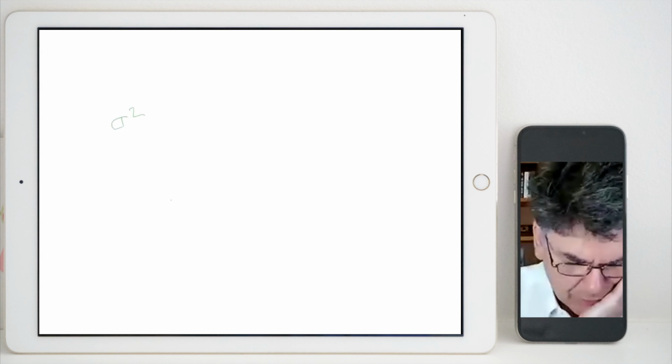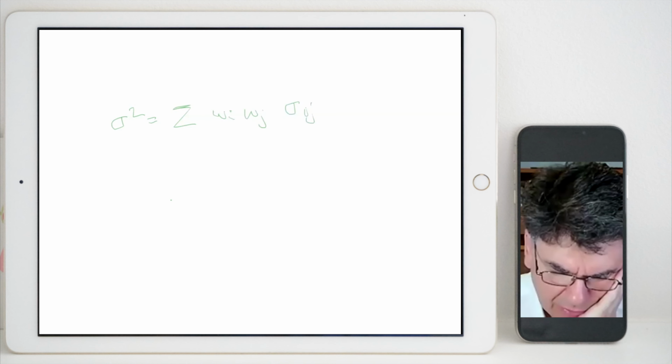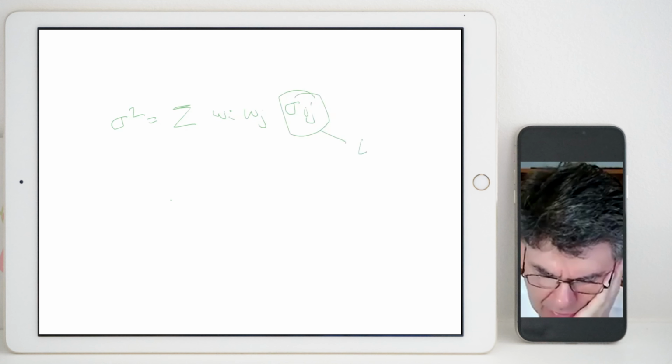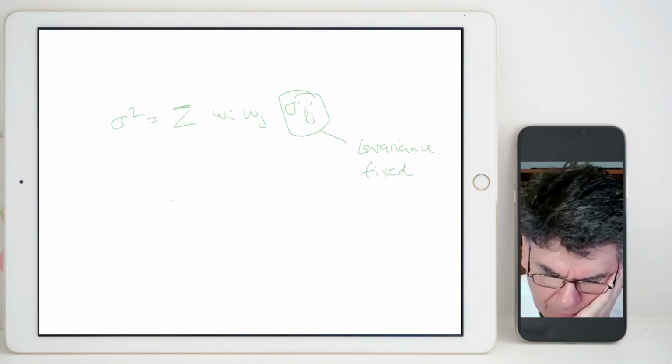So sigma squared is the sum of Wi, Wj, and then the covariance, which is fixed. It's a number.